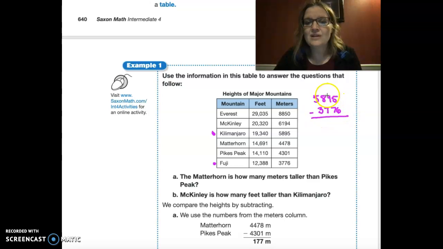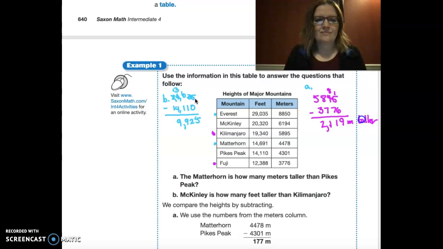So when we subtract, I've got to carry, so 15 minus 6 is 9, 8 minus 7 is 1, 8 minus 7 is 1, 5 minus 3 is 2. So Kilimanjaro is 2,119 meters taller.